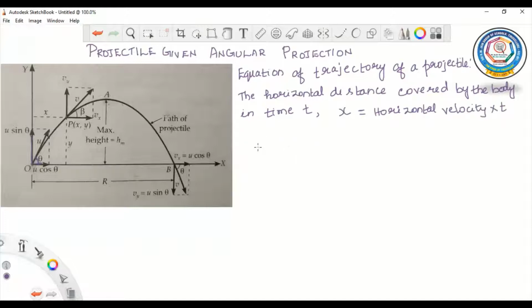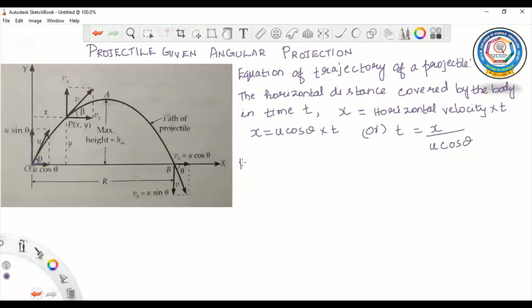What is the horizontal velocity? u cos theta. So x is equal to u cos theta into time t. So the time t is equal to x divided by u cos theta.